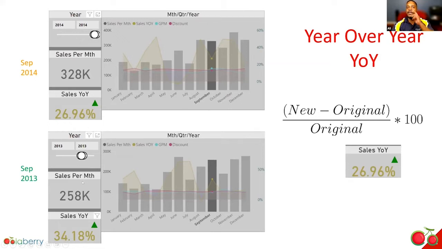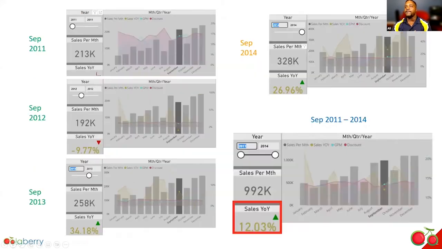So that's how year over year is calculated for 1 year, but let's look at how it's calculated for multiple years. So here I have 2011 all the way through 2014. In 2011, sales for September was 213K, and then it went down to 192K. That was a negative 10% change.